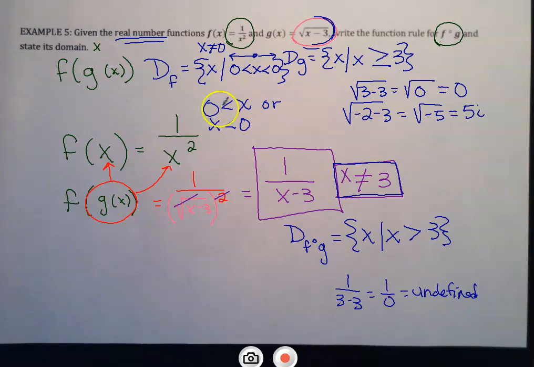We can flip these and read them from the other direction, which would say x is greater than 0 or x is less than 0.